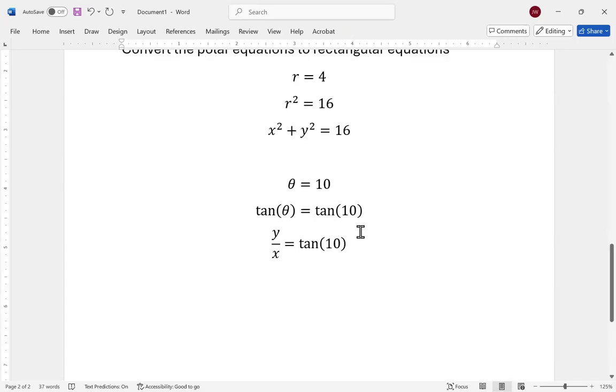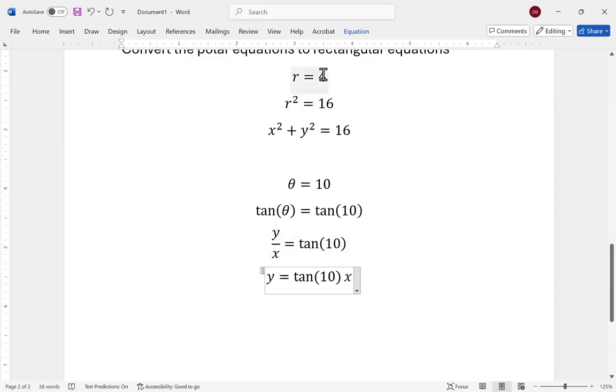Rewriting that, y is equal to the tangent of 10 multiplied times x. Again, that's y equals about 0.65 times x. Therefore, this is just a line through the origin.